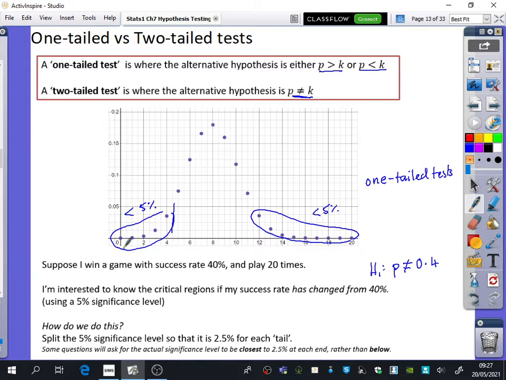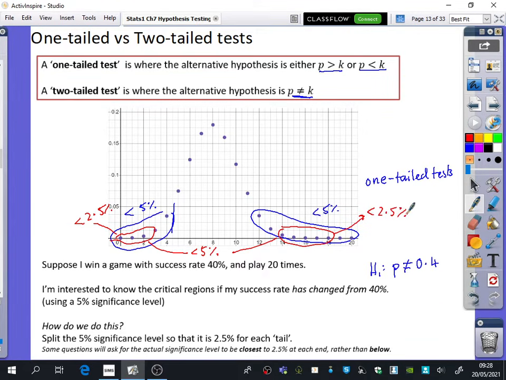So instead of just focusing on one tail and saying that all of those probabilities together need to be less than 5%, we're saying instead that the total sections together must be 5%. And the way that we make them both 5% or less than 5% is this one here should be less than 2.5%, and this one here should be less than 2.5%.